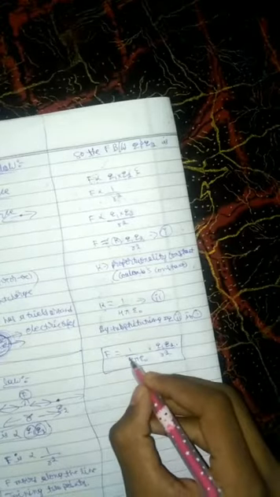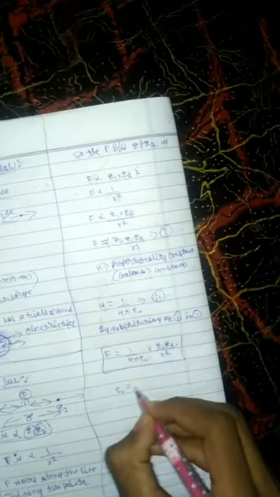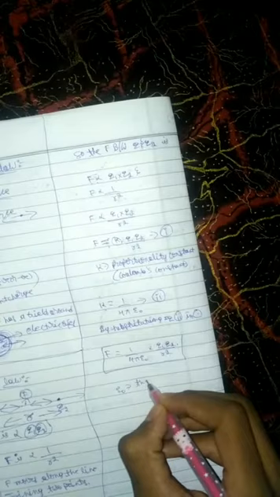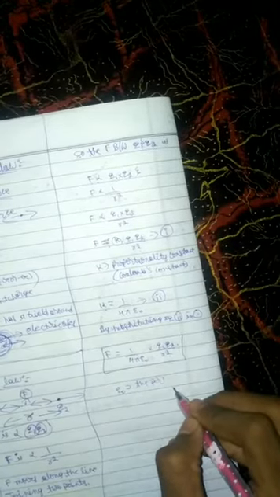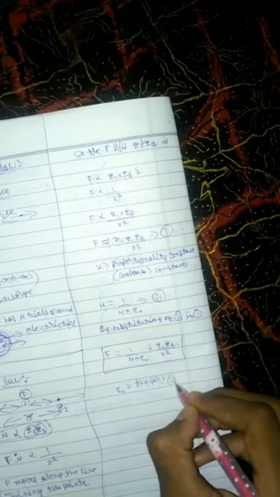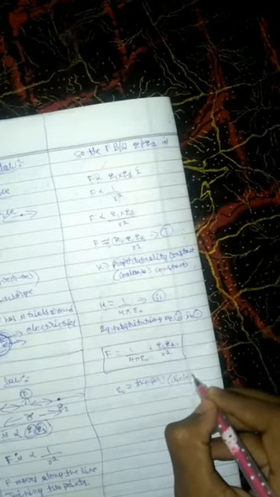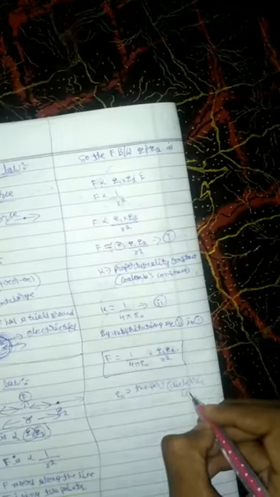So guys, this is the formula where epsilon naught is the permittivity, also called the dielectric constant.